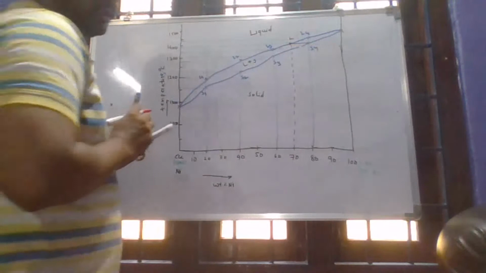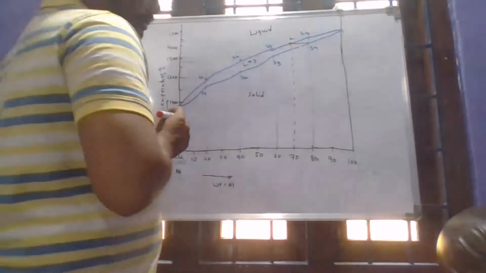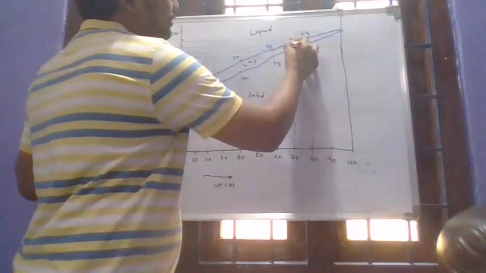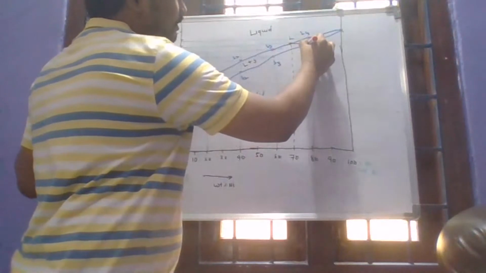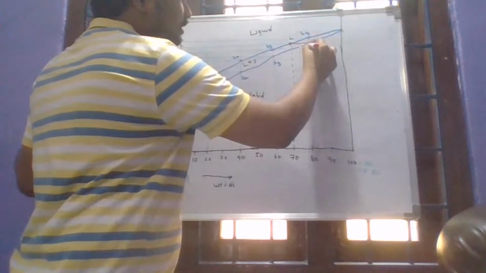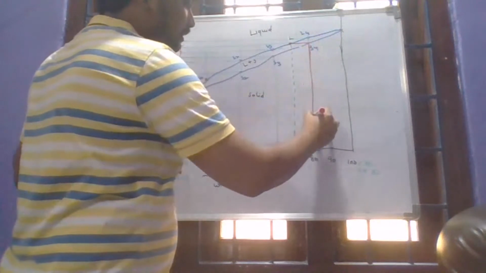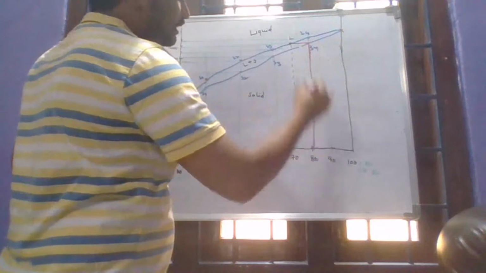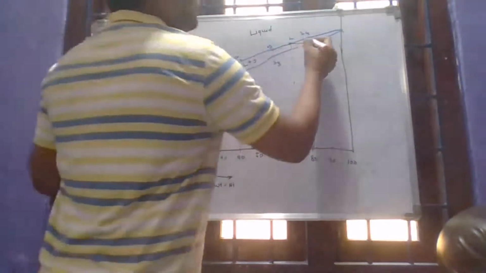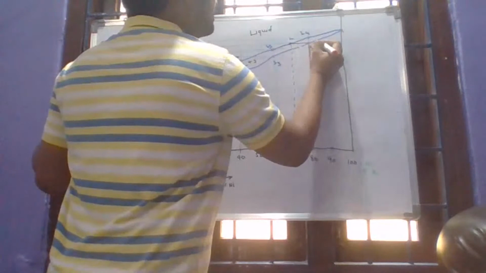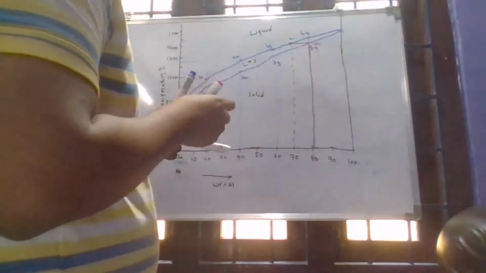So when you draw the horizontal line intersecting the solidus line, and then a vertical line meeting the x-axis at that particular composition, we get 80% nickel. So it is generally given as 80% nickel.